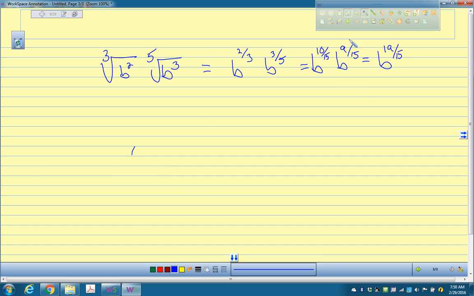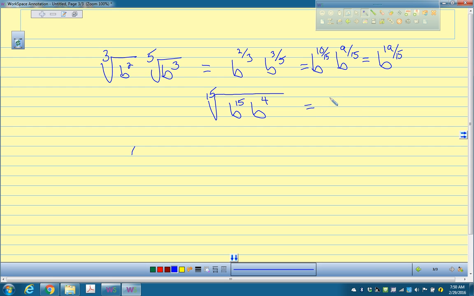Now, the other thing you can do with this, where it gets a little tricky, is you could rewrite this as the 15th root of B to the 15th times B to the 4th. And there's a reason I want to do that, because what's the 15th root of B to the 15th? Just plain old B. You understand what I just did? Because B to the 15th times B to the 4th gives you B to the 19th. And it's the 15th root of that, and this is all kind of abstract.